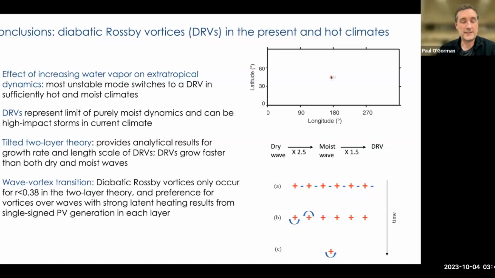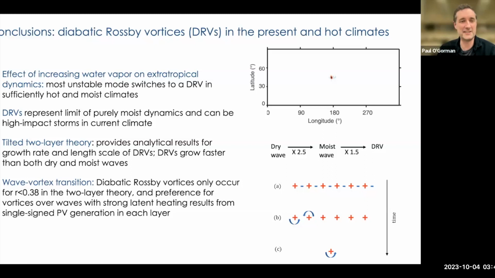These vortices, diabatic Rossby vortices, represent the limit of purely moist dynamics, and they can be high impact storms in the current climate. I think it's also useful to study these storms as a limiting case, but I think by studying them, we may learn better how to deal with moist dynamics, and that will help us for other storms that are affected by moisture, but are not quite as extreme in terms of their dynamics as DRVs.